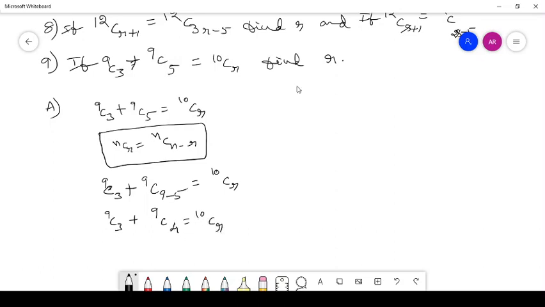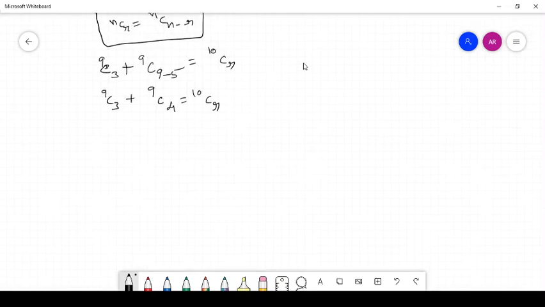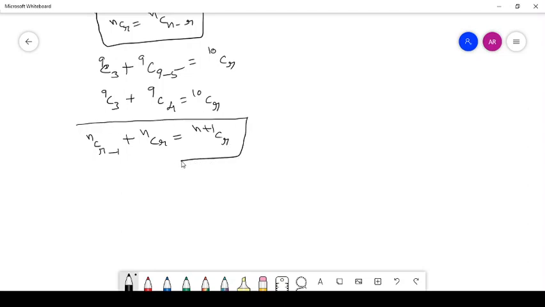Next, one more result. In the theorem, what is the theorem? nC(r minus 1) plus nCr is equal to (n plus 1)Cr. By using this result, here n is 9, r is 4.